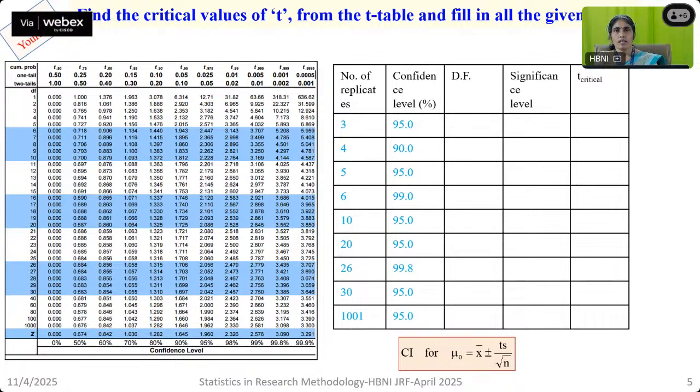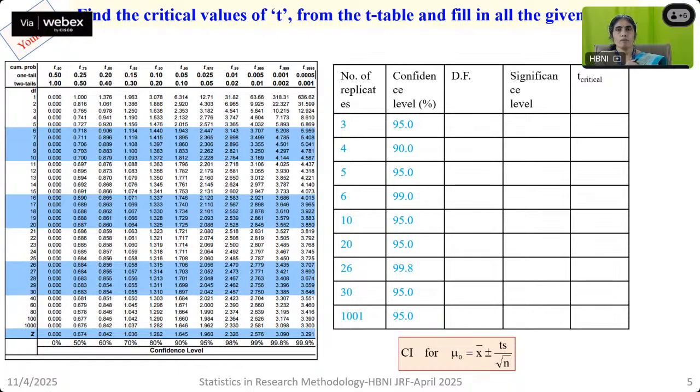Once you calculate the t value, one can calculate the confidence interval also. That is nothing but the horizontal axis value when you plot the normal probability distribution function as the parameter of the measured values with respect to mu zero. The confidence interval for mu zero will be x bar plus or minus t into s by root n, if we are taking x bar, which is nothing but the mean of repeated measurements.